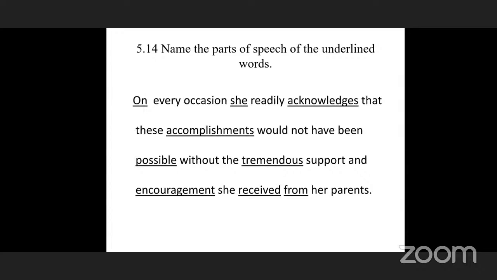If anything ends with able, or ful, the particular words might be adjectives. Next, tremendous support. Support is a noun, so tremendous describes a noun. Tremendous is also an adjective. Encouragement is a noun form. Received is obviously a verb form. Next, from. From is a preposition, right?